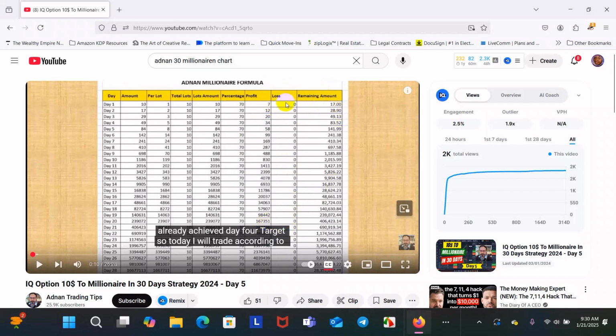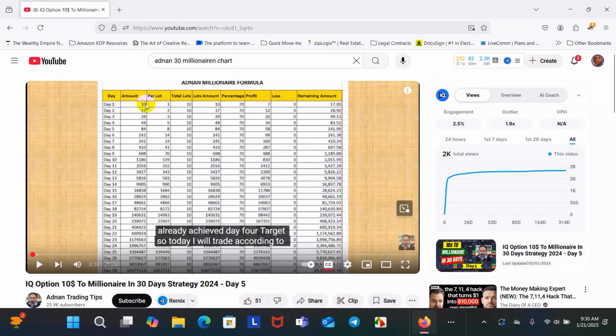But yeah, I took that out because my thought pattern is, if we start with day one and we make $7, okay? And you see, he started the account off with just $10.